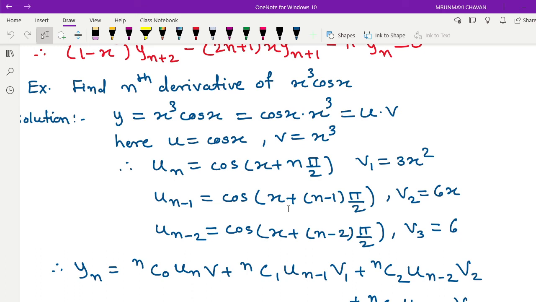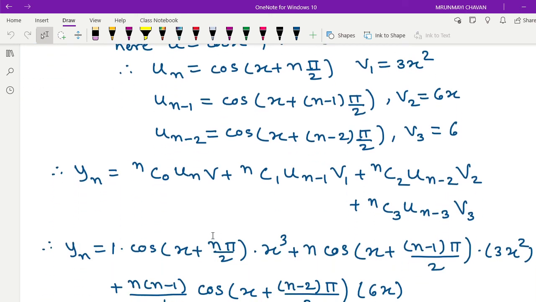N minus 1th derivative will be cos(x plus (n minus 1) into pi by 2). N minus 2th derivative is equal to cos(x plus (n minus 2) into pi by 2). And derivative of v is equal to x cube, therefore first derivative will be 3x square, second derivative will be 6x, third derivative will be 6.